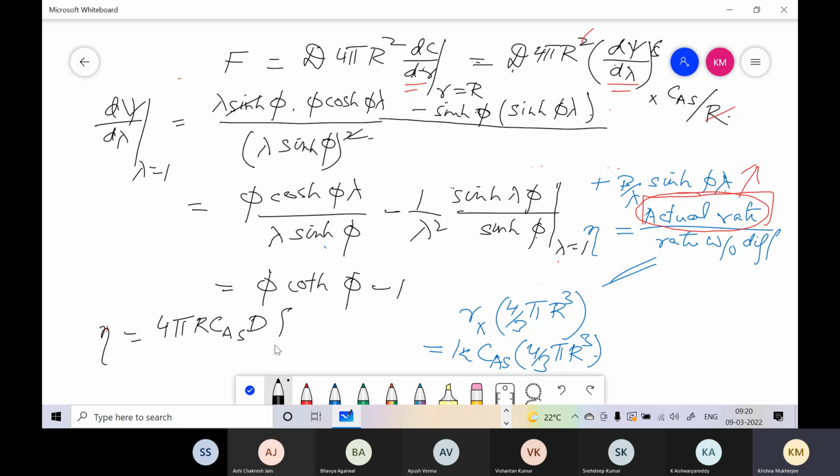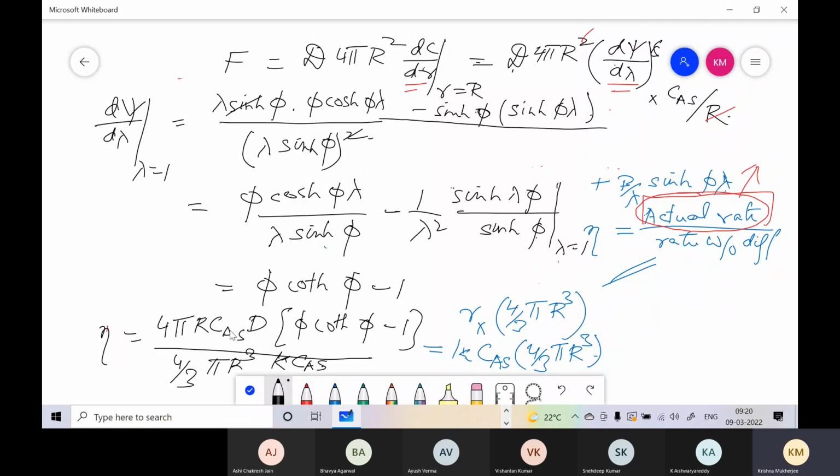And now we have this d phi by d lambda, which is phi coth phi minus 1, divided by this expression here, 4 by 3 pi r cube K CAS for a first order reaction. Is this all right?